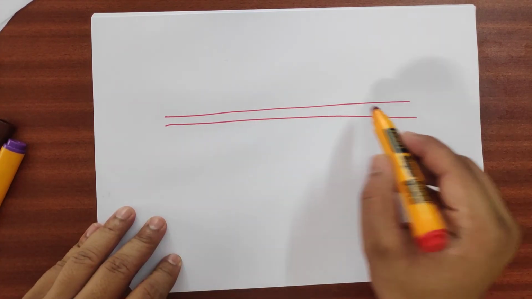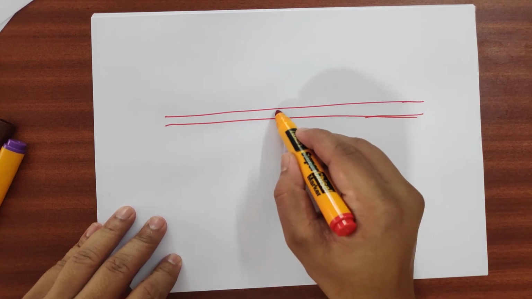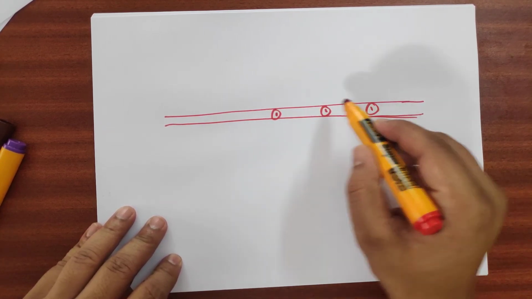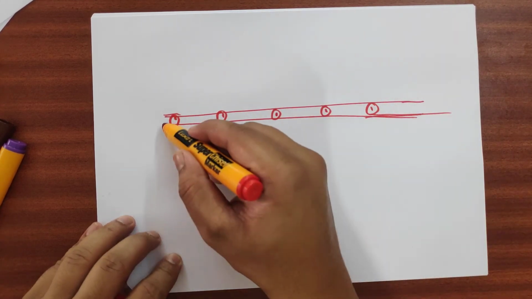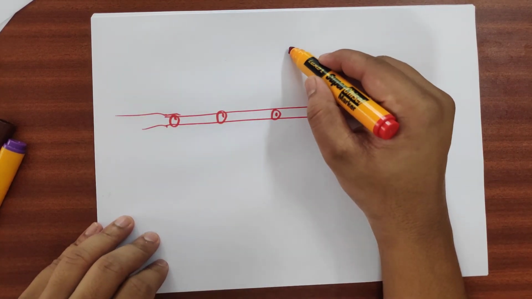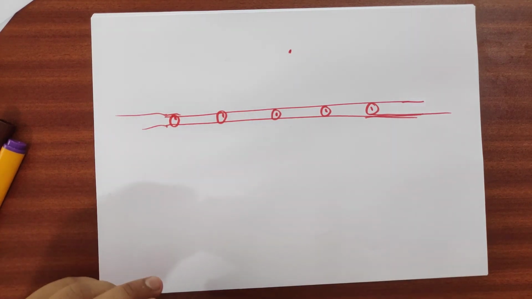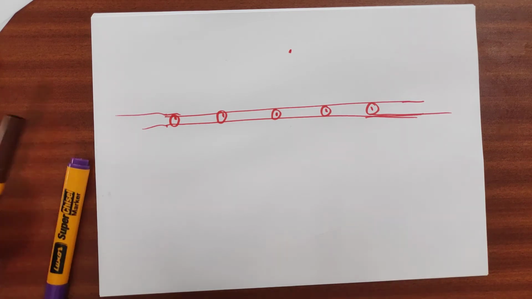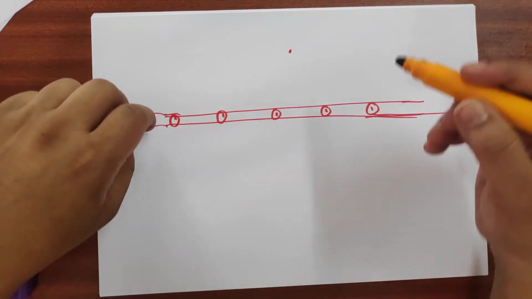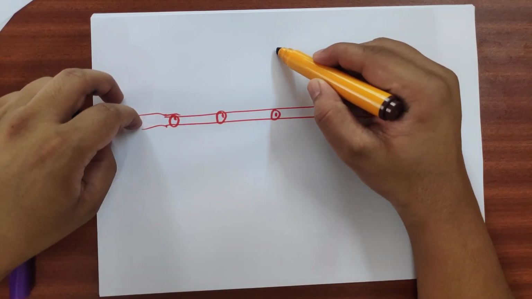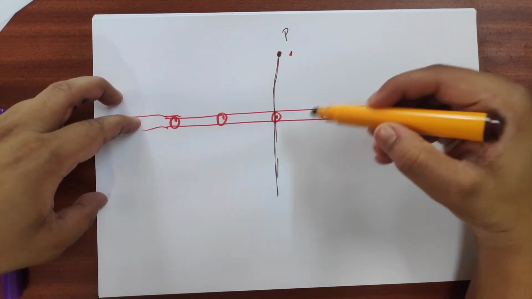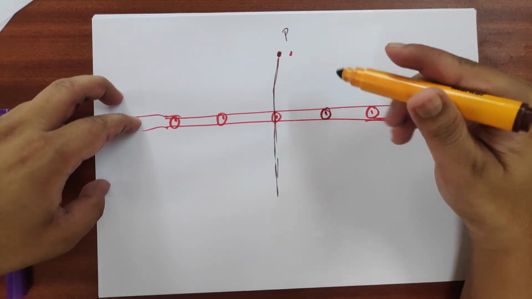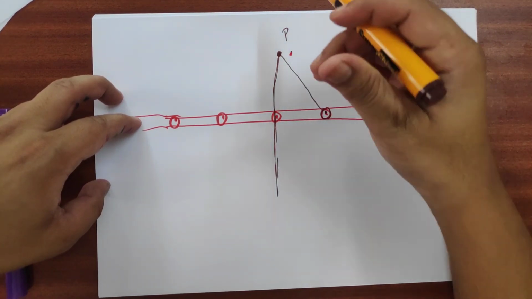You have to make so many diagrams for each problem. So at P and Q, let's see the direction of the field. It is an infinite sheet. Now, this is point P. Due to a current carrying wire here, what is the direction of the field?